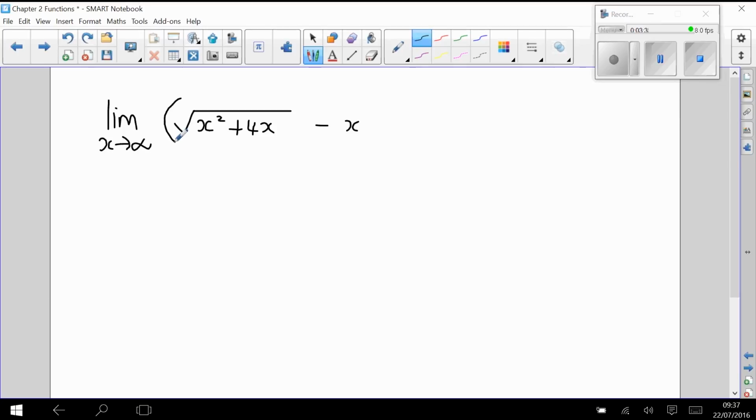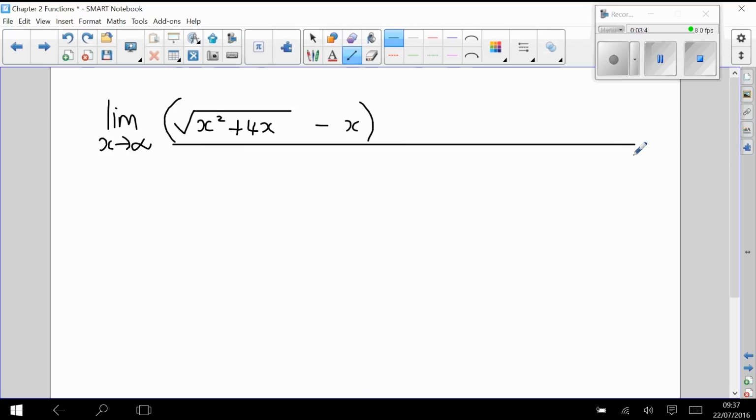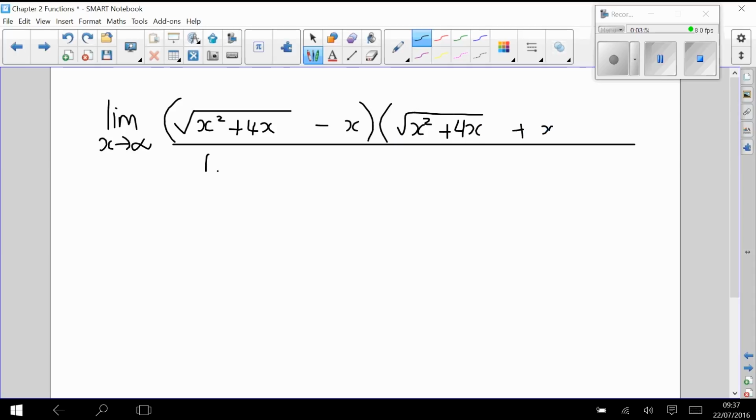So as I've been given this information over here, and this was all over 1, let's draw a nice long line, and I times it by the conjugate of what I've got in the numerator, that means that I must times it by the first term, the root of x squared plus 4x, and then the opposite sign, plus x.